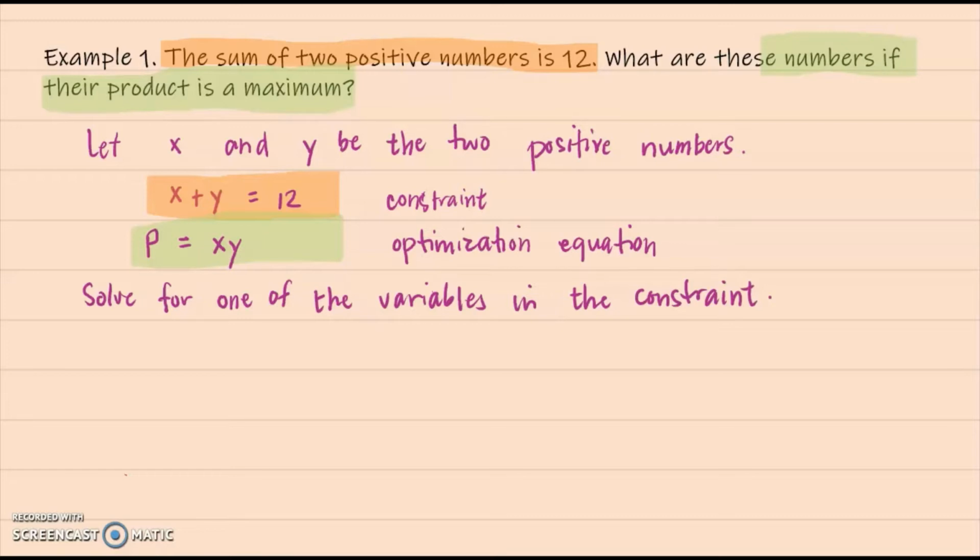So here our constraint is x plus y equals 12. So let us solve for y. Solving for y, we have y is equal to 12 minus x.